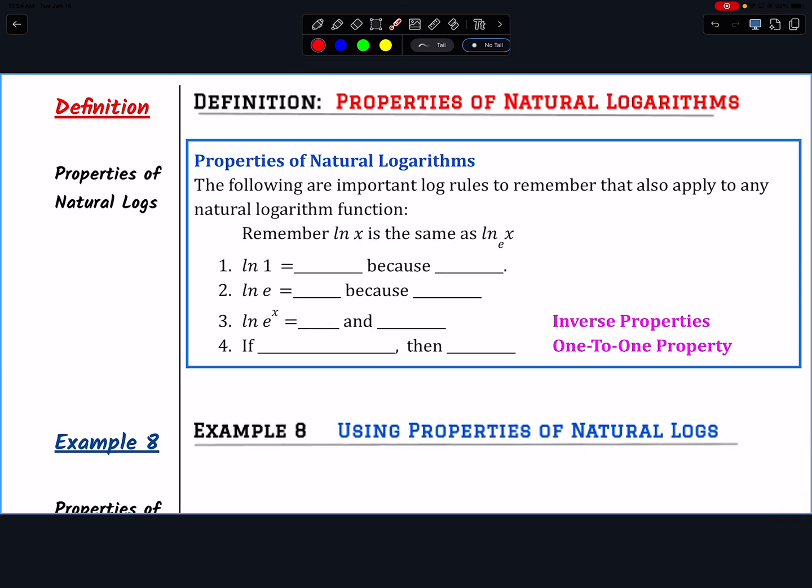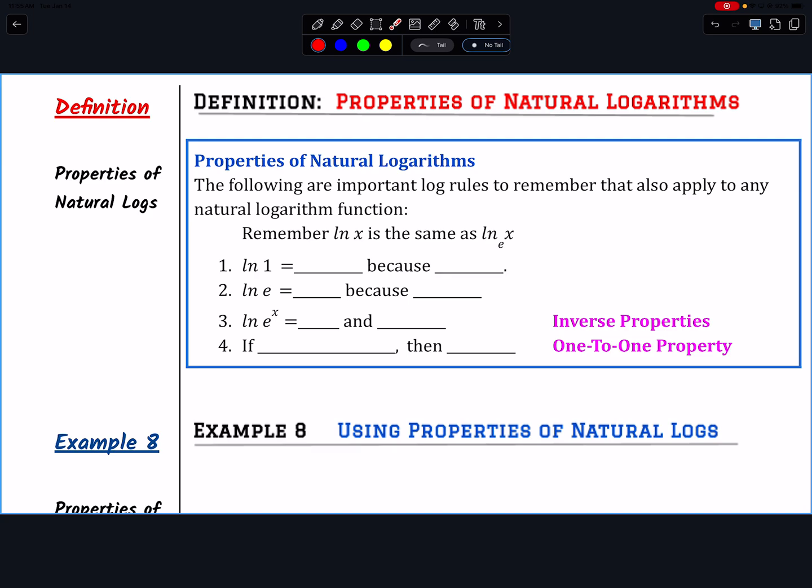Couple properties. All right, you guys good?